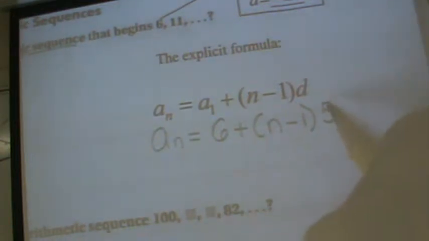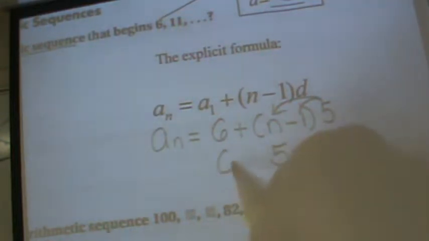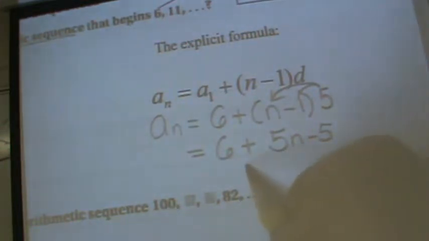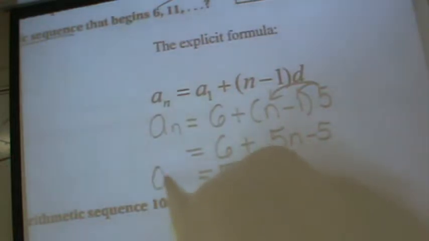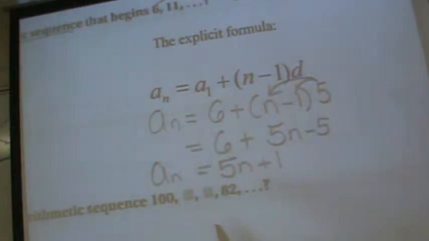How would you simplify this? You would distribute. So 5n minus 5. And then if you wanted to simplify it and write 5n plus 1, there's your equation.